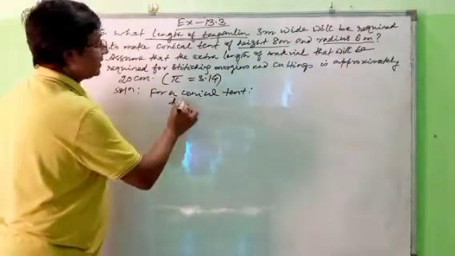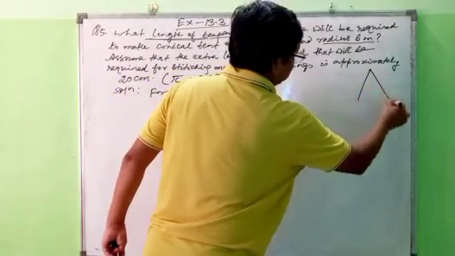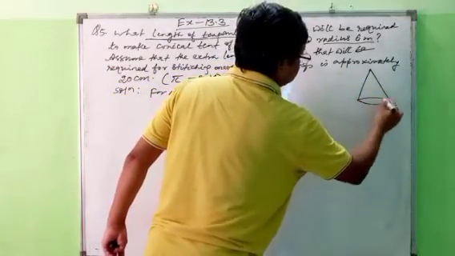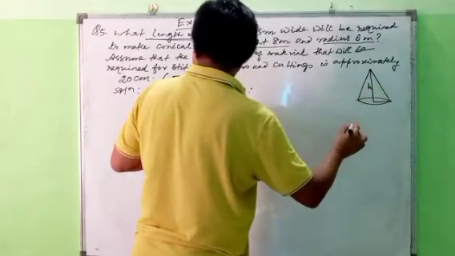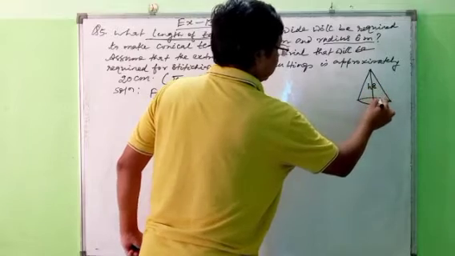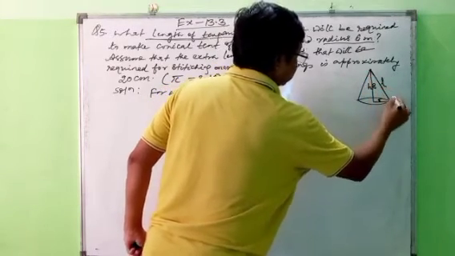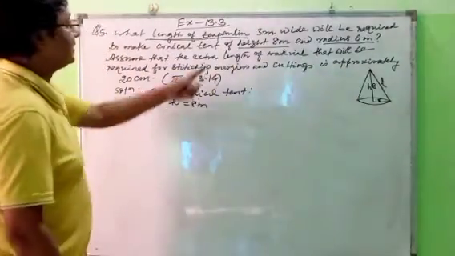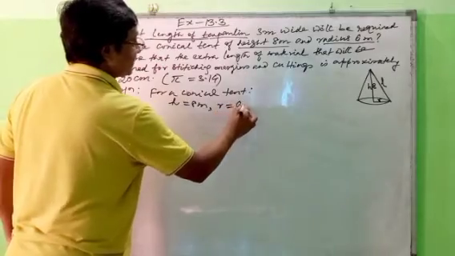The height is given 8 meter. Supposing this is a conical tent, this is the height. Your height is given 8 meter, and then there is the radius, and this is called L, the slant height. Here the height is given 8 meter, and the radius is given 6 meter.